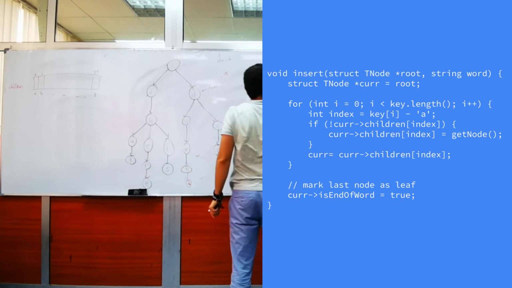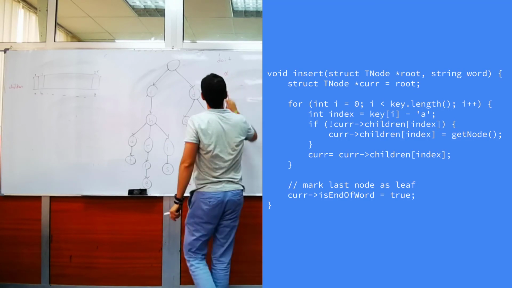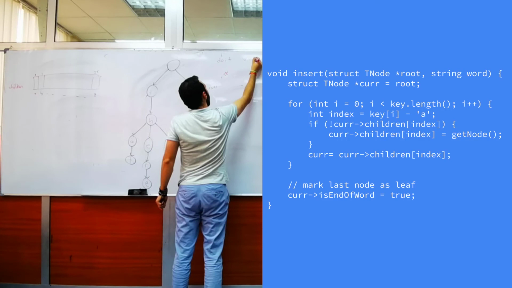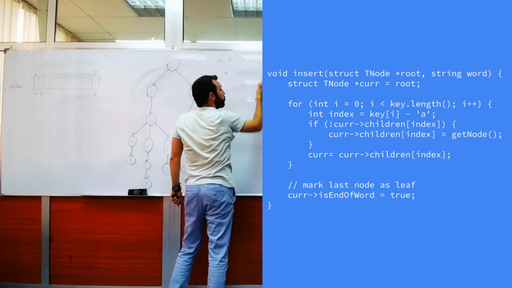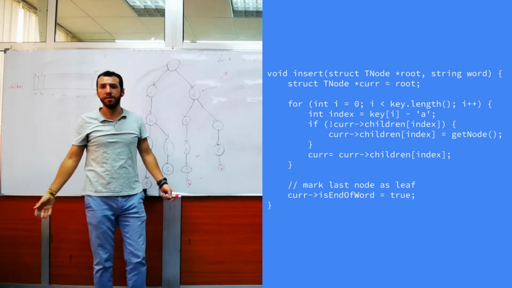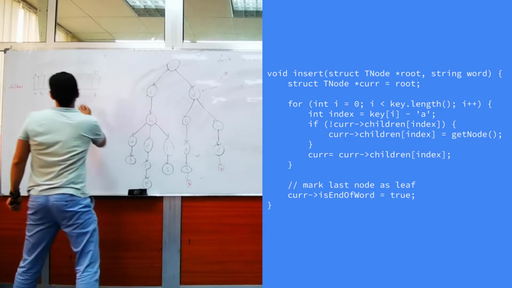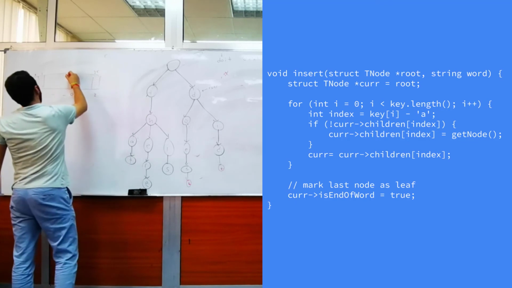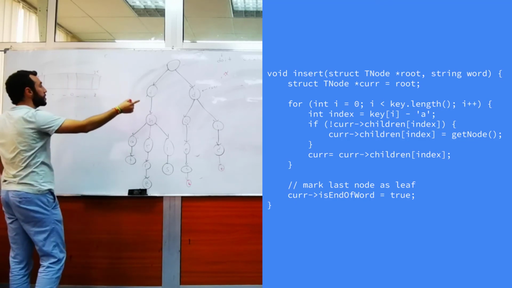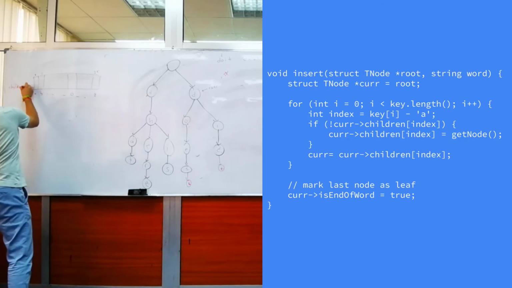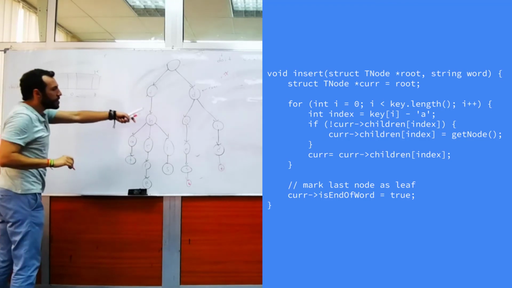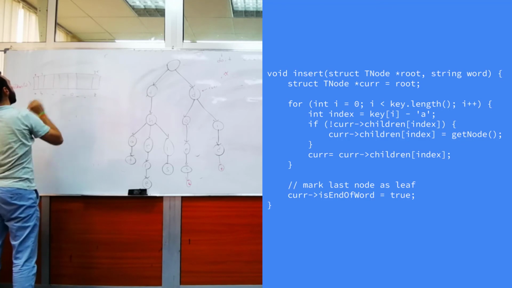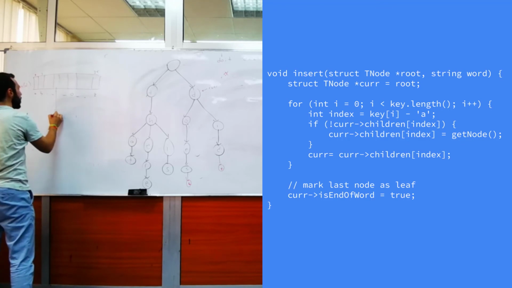Now I increase i, and my new index becomes O minus A. I don't know which position O is in the alphabet, but let's say O is here for this node. For D, let's say right now we are representing it for D. D has two children, right? Let's say this is I. This is going to point to a node.